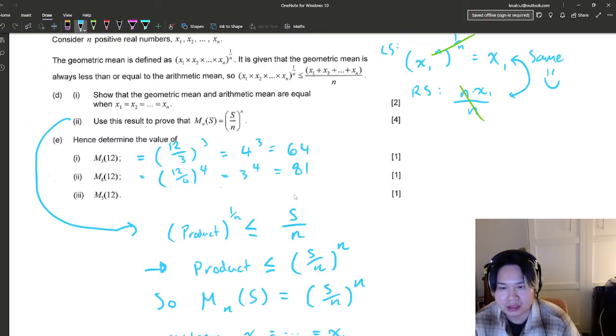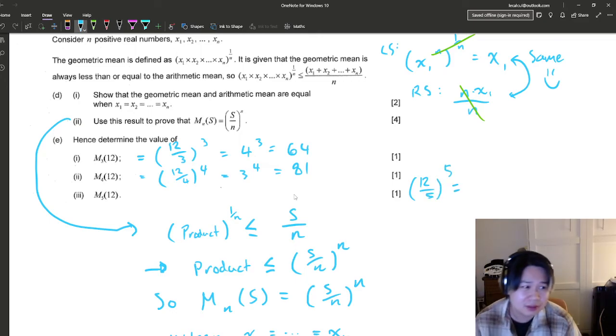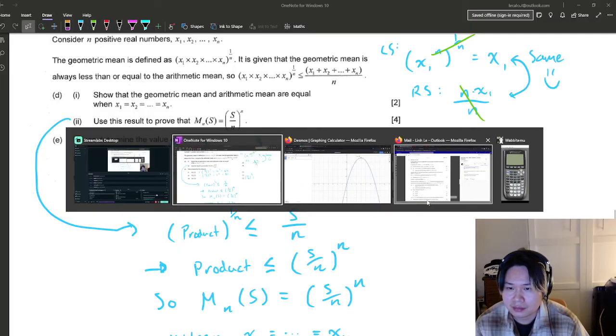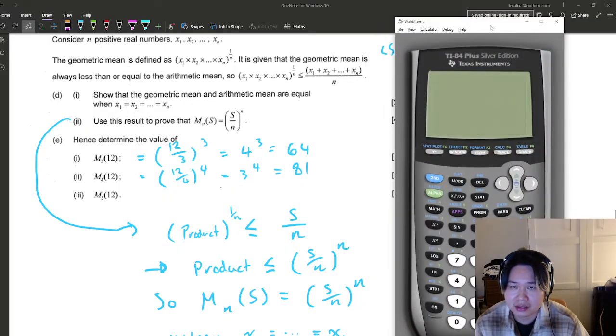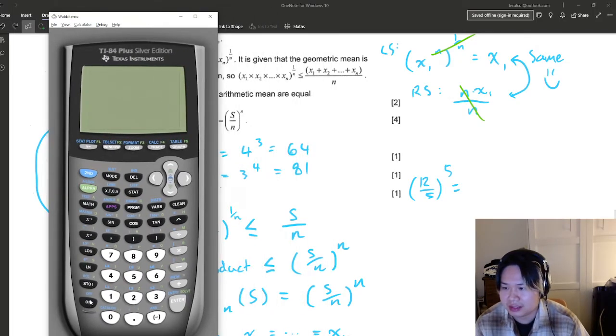I'm running out of room. I'll write it here. 12 over 5, to the power of 5. This isn't very nice. I'm just going to use a calculator and do this to sig figs. Should I?